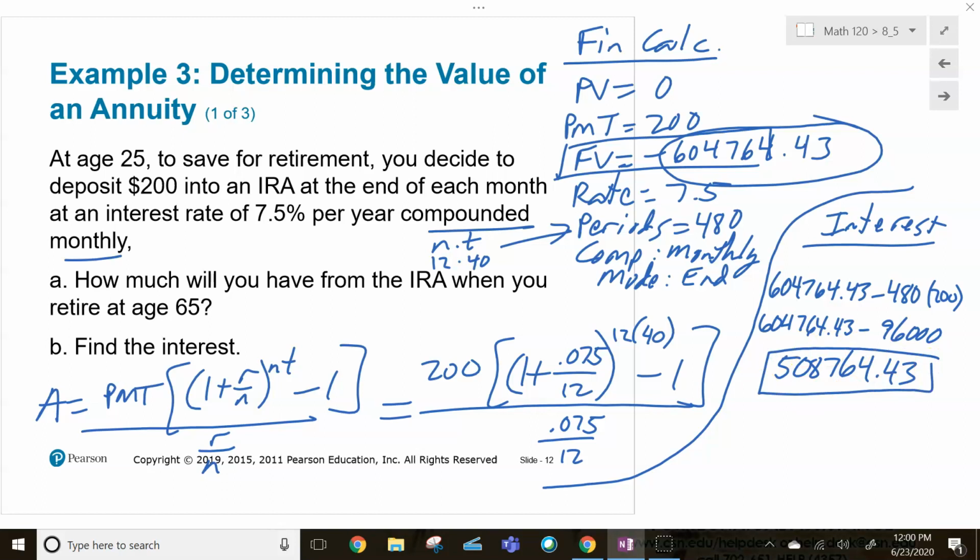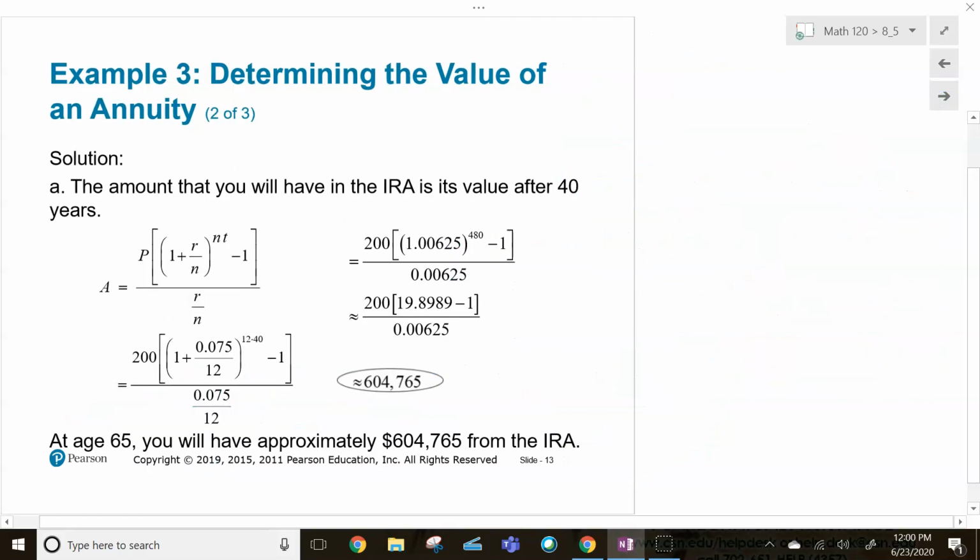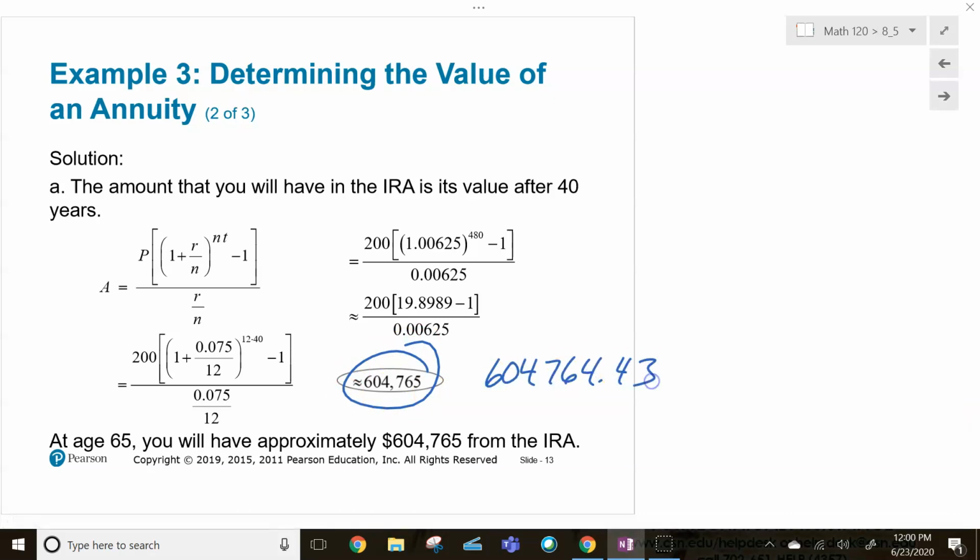Okay? There it is. I just rounded that. This is rounded up, by the way. It was 604,764.43. If you ever hear, sometimes in the questions they'll say round up to the nearest dollar.